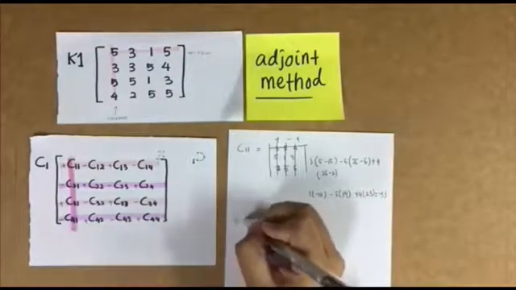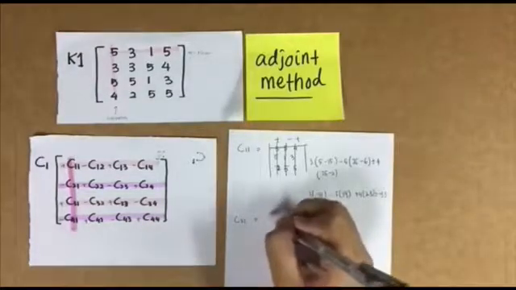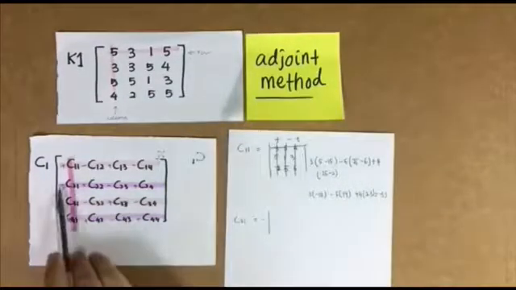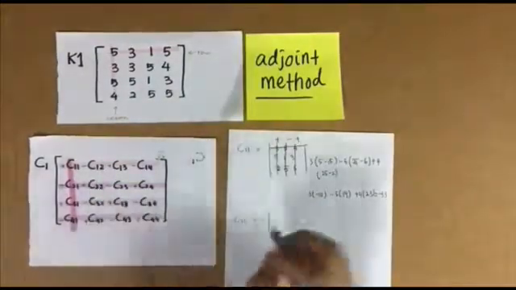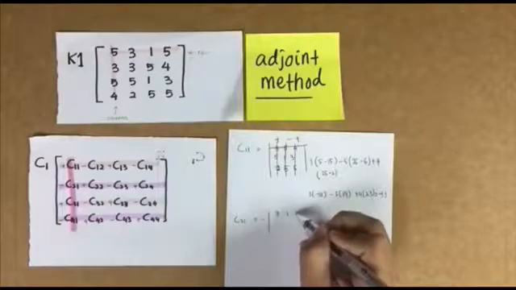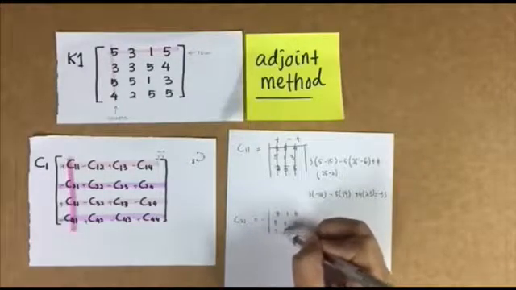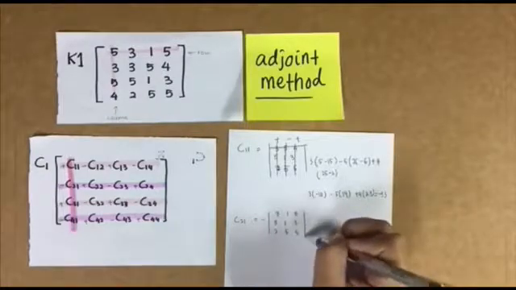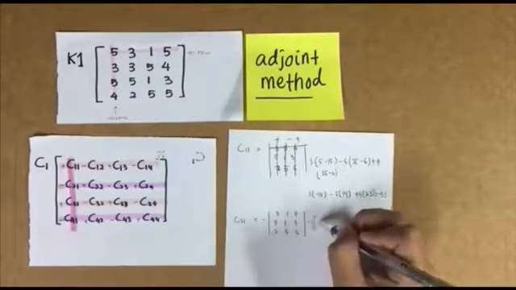For the C21, we begin with the negative, and from here we will get the C12, 3, 1, 5, 5, 1, 3, and 2, 5, 5. Since we begin with the negative, this is the big column.